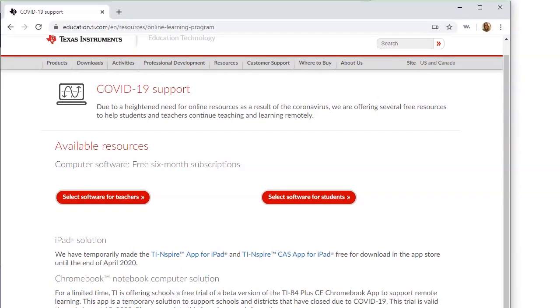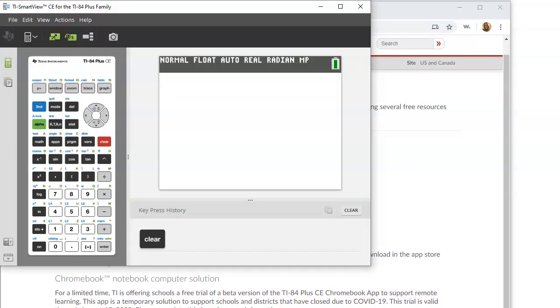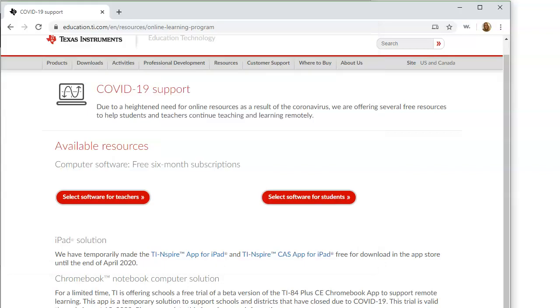So your options here are either to use your handheld TI calculator or to download one of the emulators right here. They will ask you for a product code, but then they will give you the product code, so it's not really hard to do.